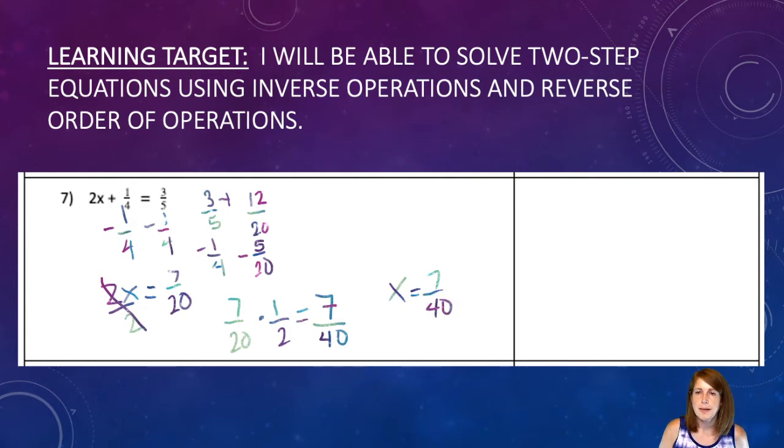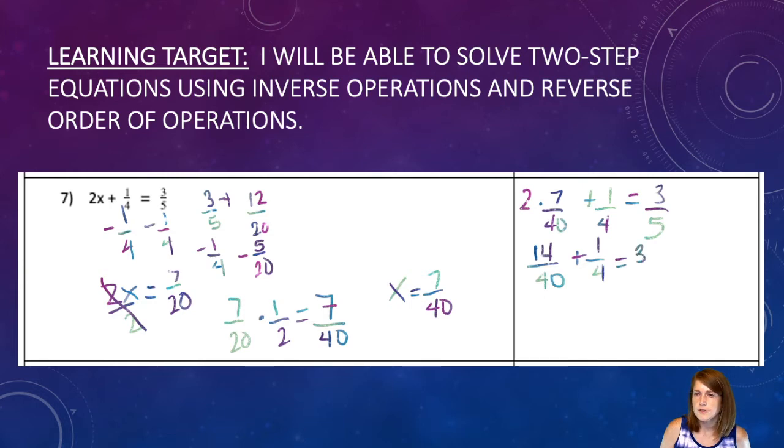And I'm going to plug it back in just to make sure. So 2 times 7/40 plus 1/4 is hopefully going to equal 3/5 if I did everything correctly. 2 times 7/40 is 14/40 plus 1/4 equals 3/5.